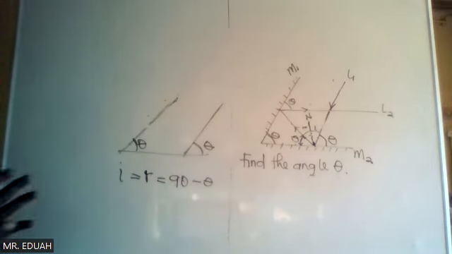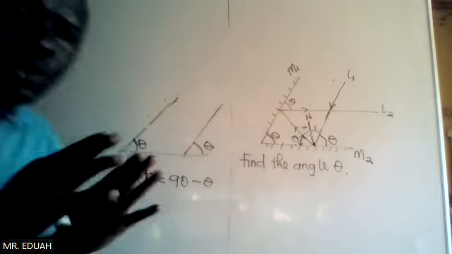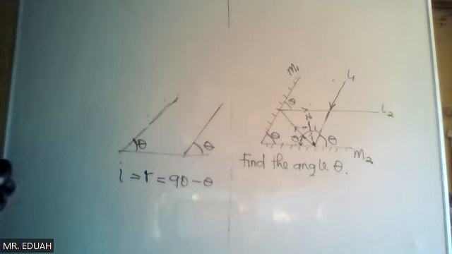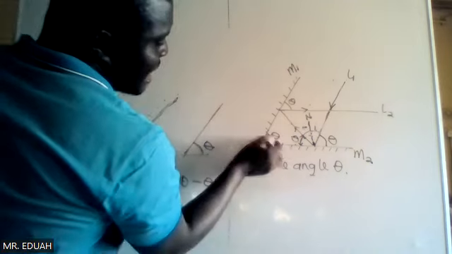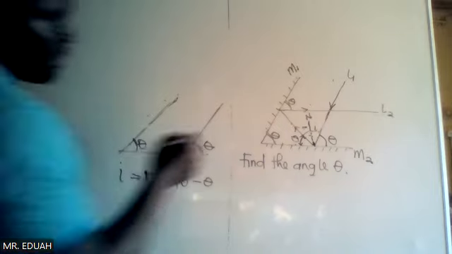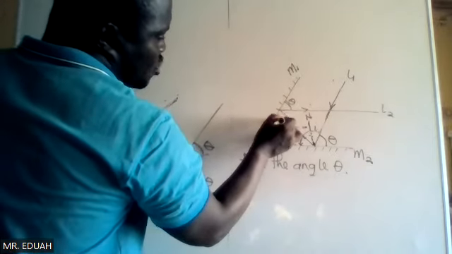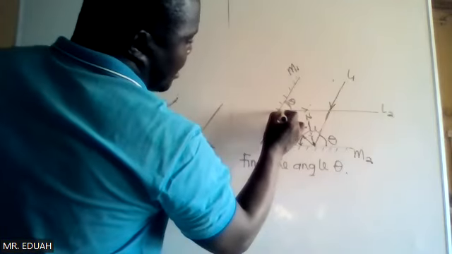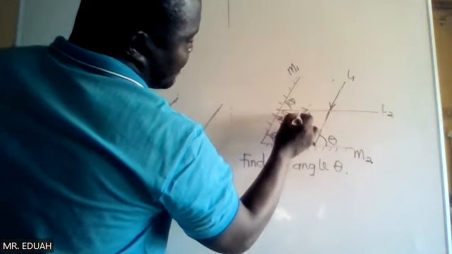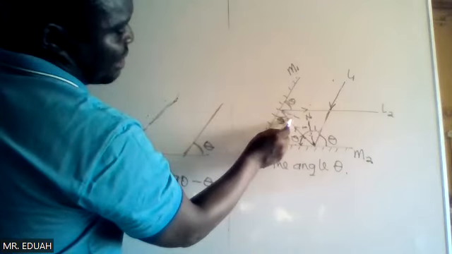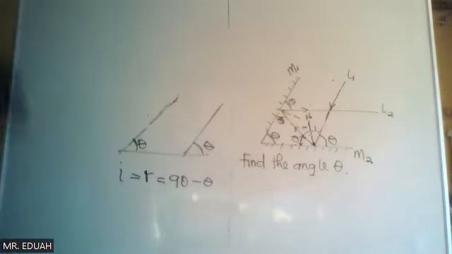If two lines are parallel, they have the same slope. So this angle is theta, and so this angle would also be theta. If we draw a normal, we'll have the same thing as we saw here: 90 minus theta, 90 minus theta, and so this will also be 90 minus theta.